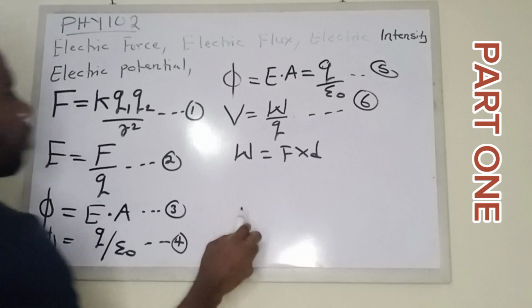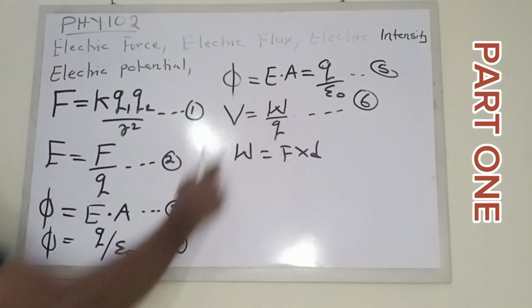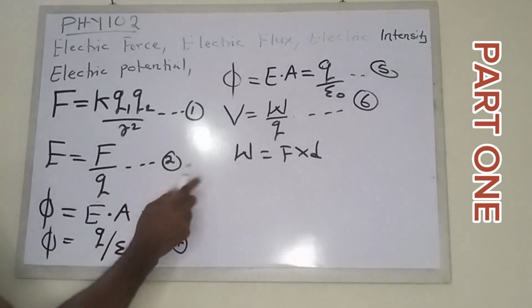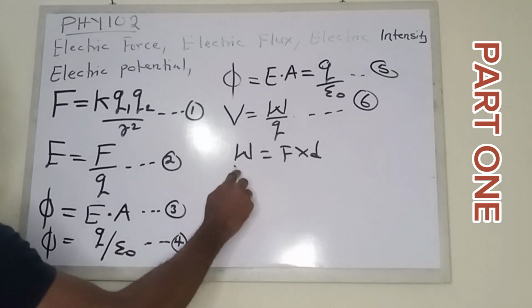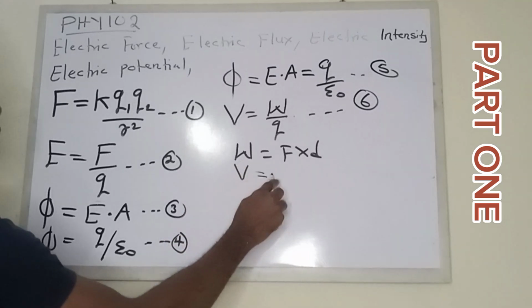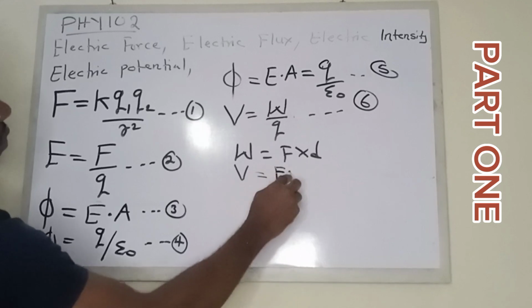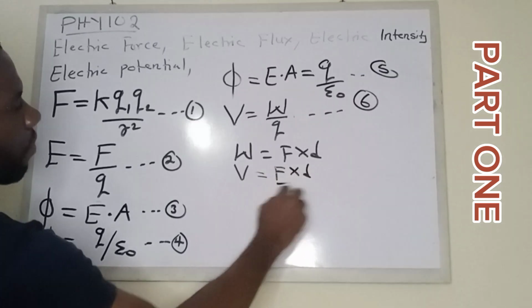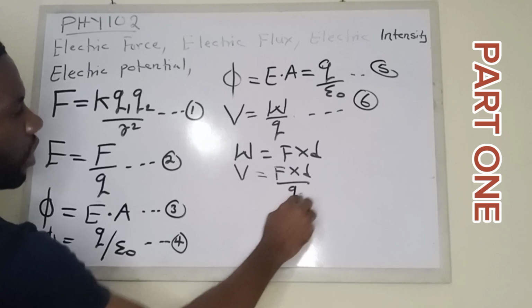Meaning we are going to have electric potential is equal to work done, force times distance, divided by charge.